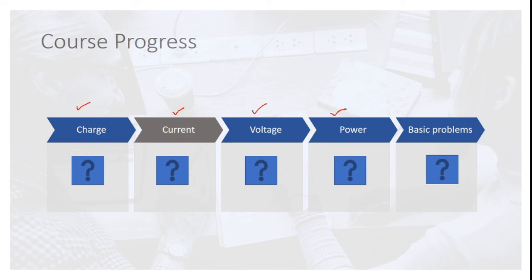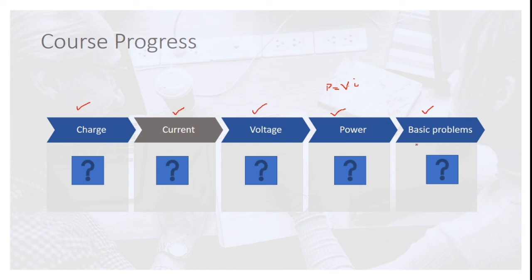And power is a combination of voltage and current. We saw that P is equal to V into I. I possess all the energy, that is voltage, and to what distance I can transfer my charge, that is I. So P is defined as a product of voltage into the respective current, P equal to V into I. And based on the basic power, voltage and current values, we saw basic circuits and how to calculate the power values.